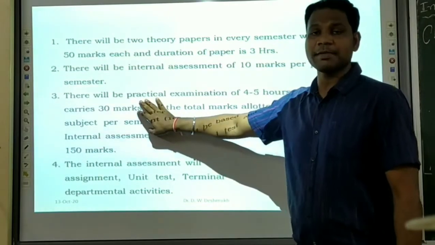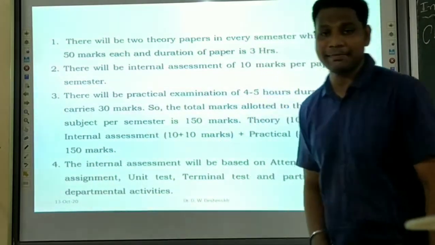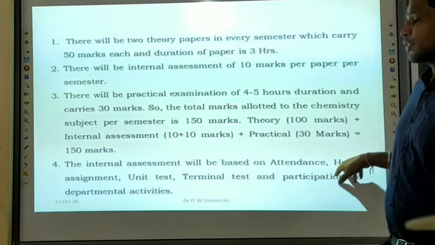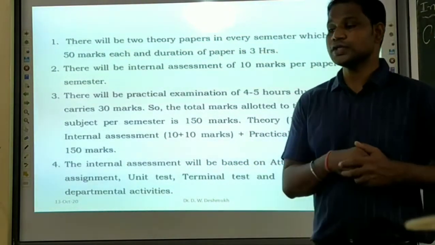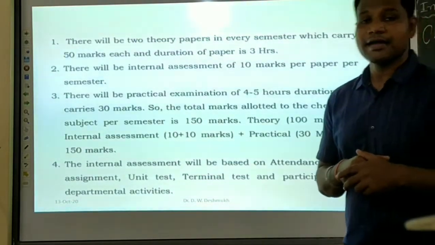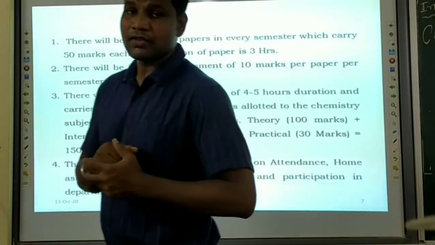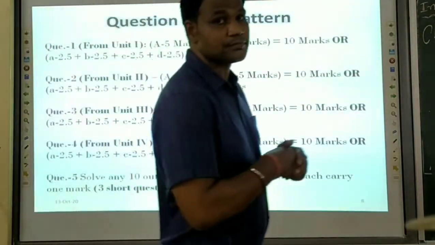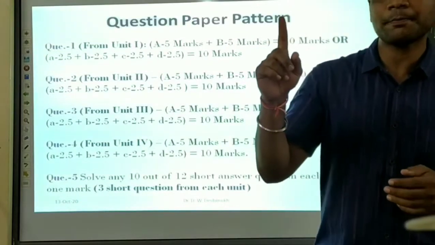So 120 plus 30 means total 150 marks आपका chemistry subject को रहेंगे. Then lastly the internal assessment will be based on attendance, home assignment, unit test, terminal test and participation in departmental activities.